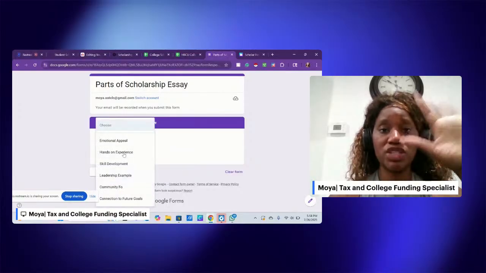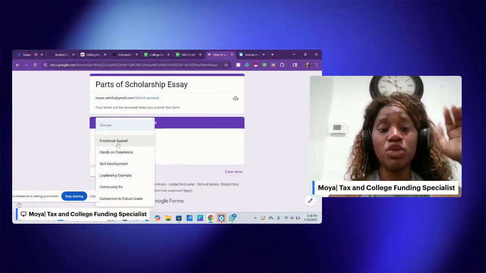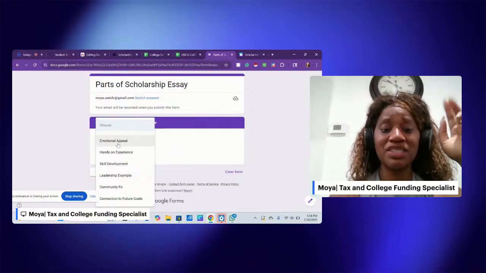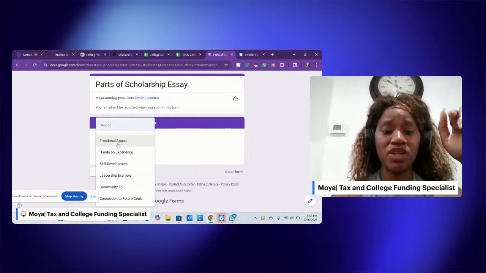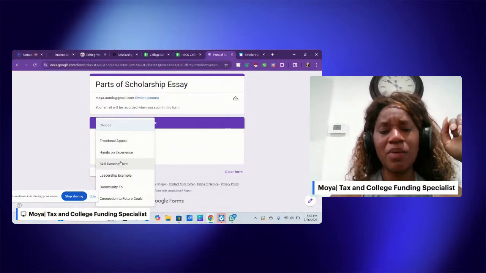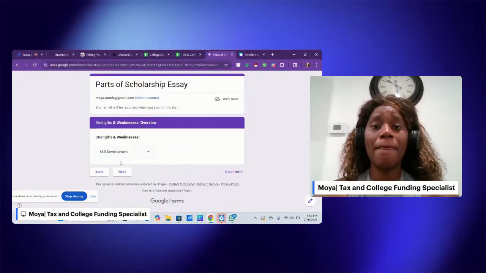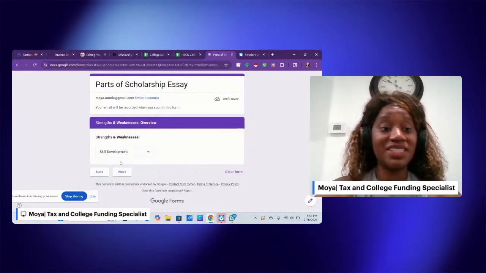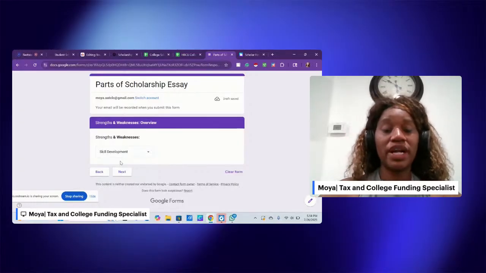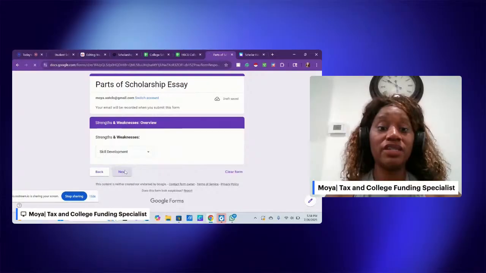Okay, so now we're at strengths and weaknesses, number 5. So emotional appeal, hands-on experience, skill development, leadership example, community focus, connection to future goals. Let's say I want to talk about my skill development. Let's say at this stage, I want to talk about something in terms of, let's say, physical education training and what I have done.